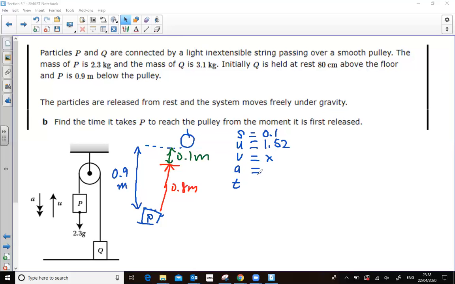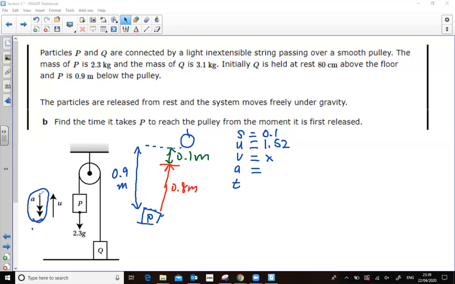What is the acceleration? Some of you might use the acceleration we used in part A, and that won't be right. That is because for this part of the journey, Q is no longer pulling P, and P is moving upwards freely. So the acceleration acting on P in this case will actually be due to gravity.